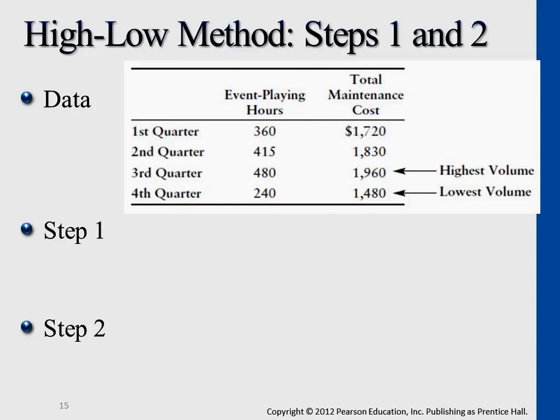And then the changes in the event hours, remember earlier it was using the equipment, number of events, will be the x-axis. So we have 480 minus 240, use this to divide 1,960 minus the lowest point, 1,480. So this will give us 240 for the denominator and numerator 480, right? So this will give us 2, and what is this?